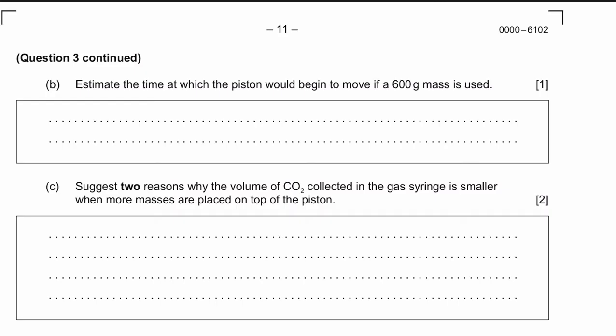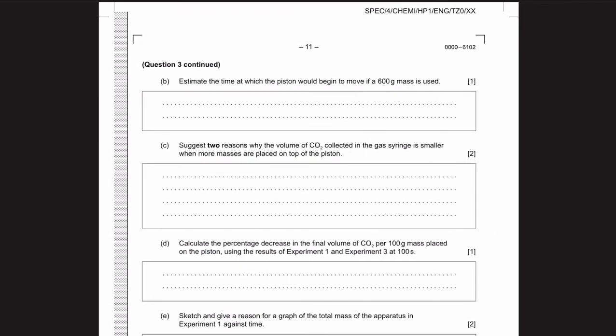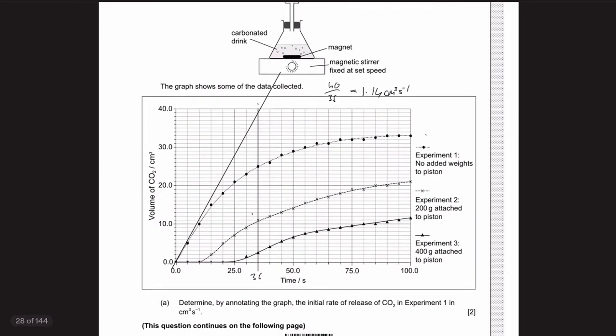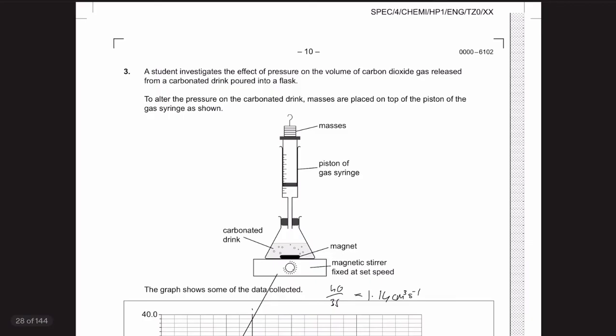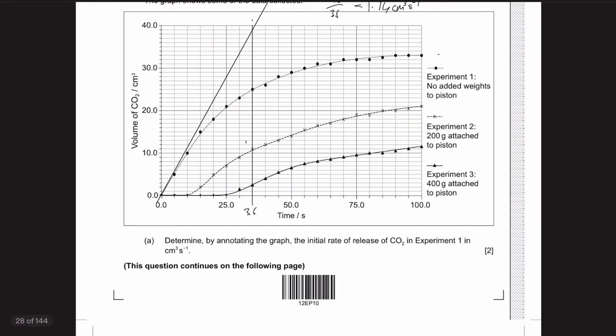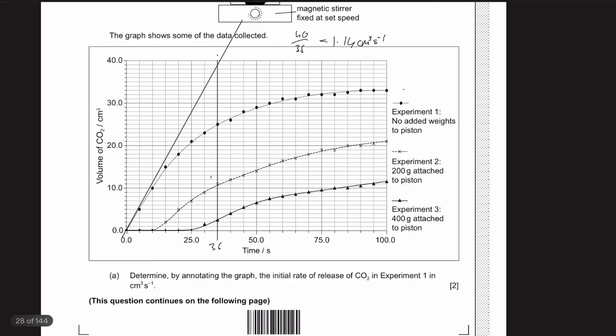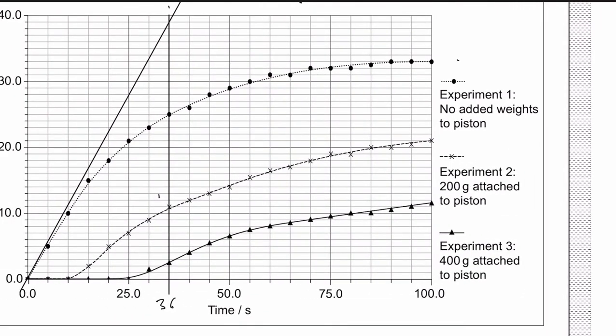Estimate the time at which the piston would begin to move if a 600 gram mass is used. So what is our current mass? Oh yeah, so this is 200, this is 400. Experiment 2 is 400, 200, 400.